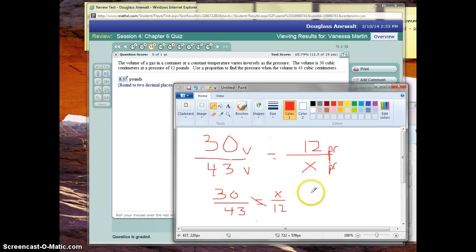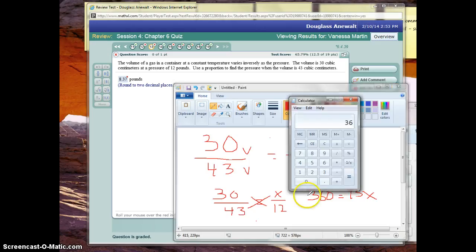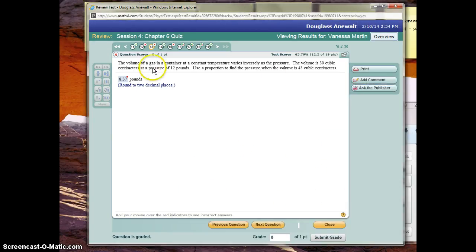Cross multiply just like the last proportion we did to solve for the unknown variable. Okay, so 30 times 12 is 360, x times 43 is 43x. Divide both sides by 43. So 360 divided by 43, 8.37. And that's where they get that answer there.